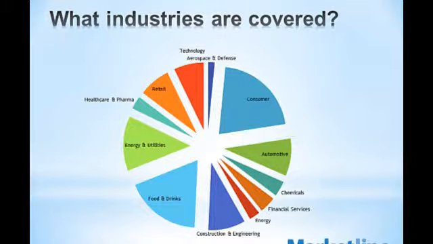In terms of industries as well, as you can see, there's a huge amount of FMCG data on there, but not only that, we've also got content from the mining industry, financial services, automotive. So I think that's really good to have that breadth of industry coverage.